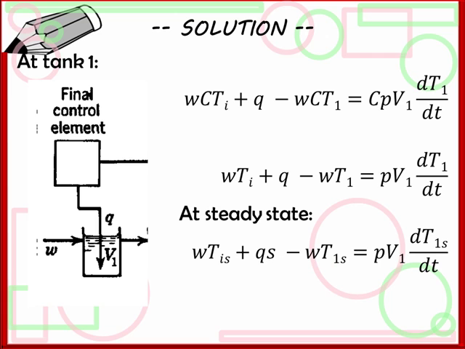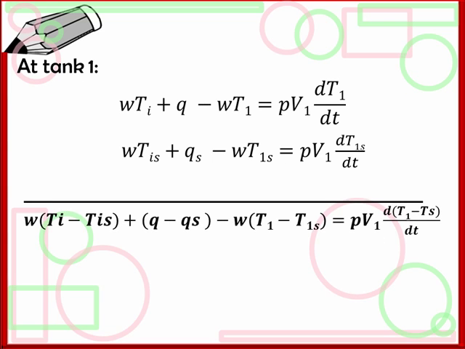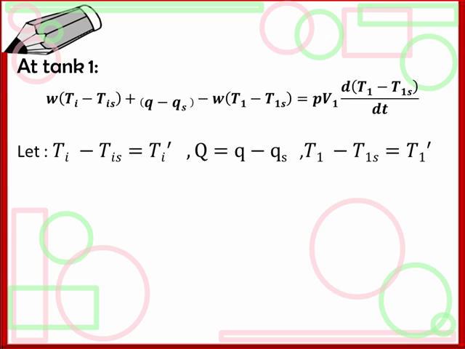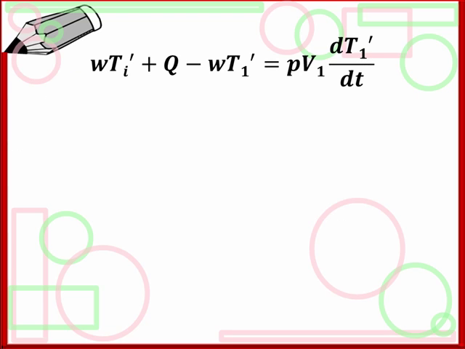Since these two equations are from one system, we can manipulate by subtraction to produce this equation. We now introduce deviation variables, Ti prime, Q, and T1 prime, and substituting into the previous equation, we get this. This will be used to find the Laplace transform and proceed to determining the transfer function.